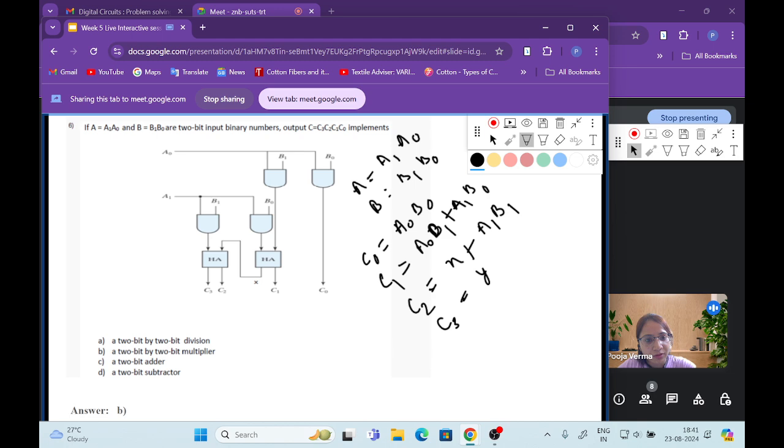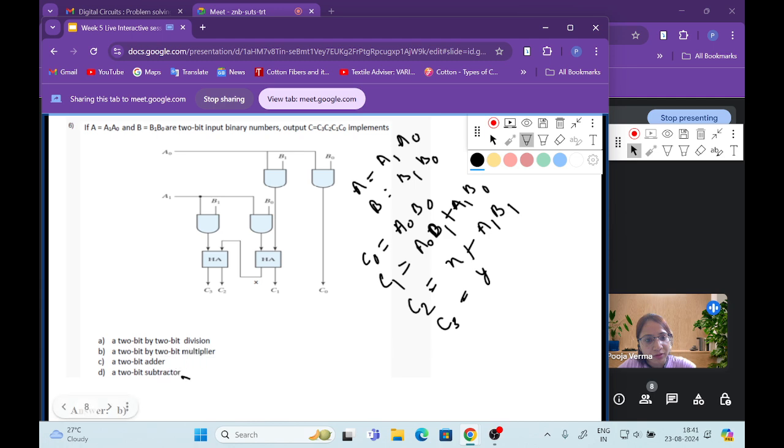Okay, now we can see the options. From the options: a 2-bit by 2-bit divider, a 2-bit by 2-bit multiplier, a 2-bit adder, or a 2-bit subtractor. From the outputs, we cannot say that it is a 2-bit adder, right? Because an adder has sum and carry, and a subtractor has borrow, and we know that.